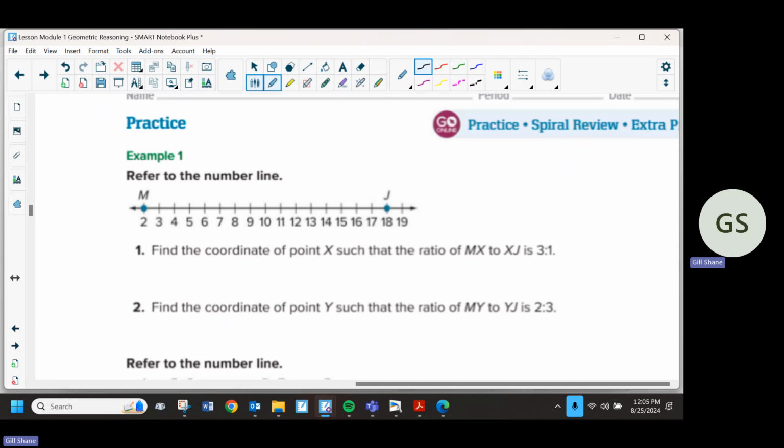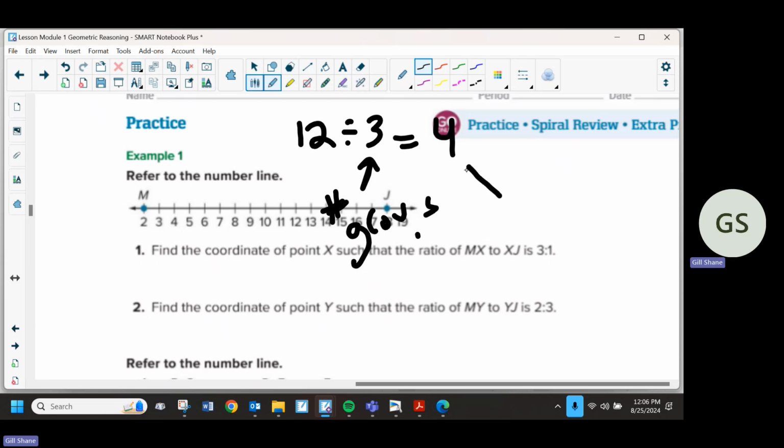So if I want to take 12 marbles, and I want to create 3 equal groups, I'm just dividing by 3. That's what division is. It's grouping. So if I do that and I get 4, that is the number of groups, and then the 4 would be how many in each group.